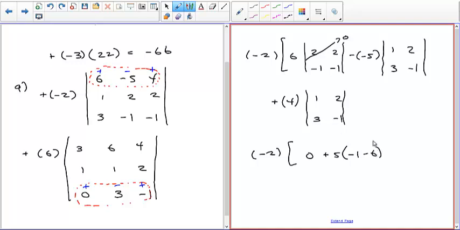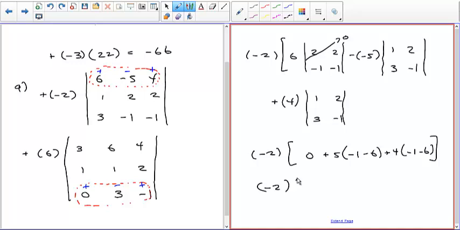And then here you have plus 4 times negative 1 times 1, which is negative 1, minus 6, so you get that again. So that's negative 2. I'm just doing this one right now.